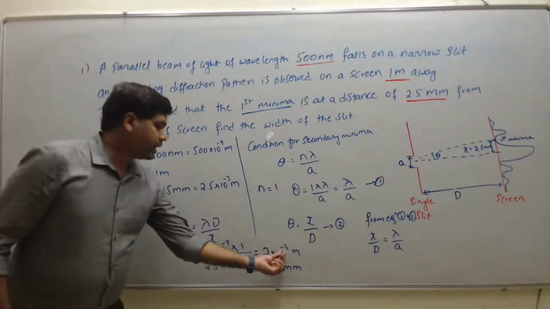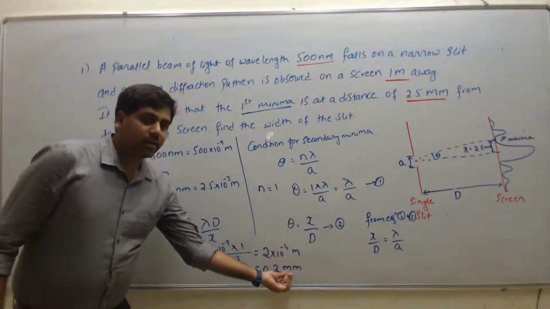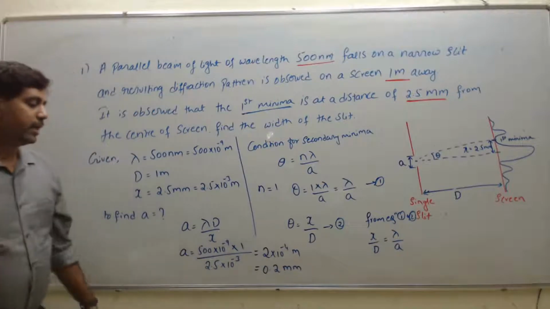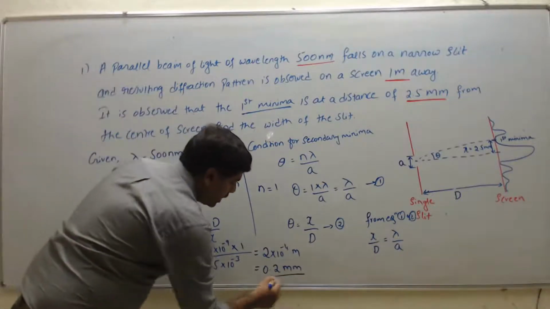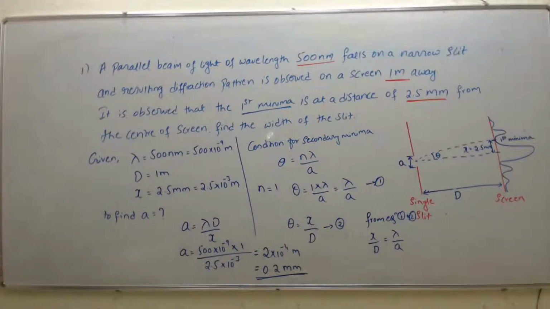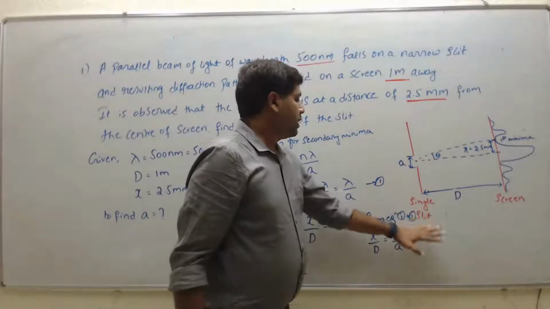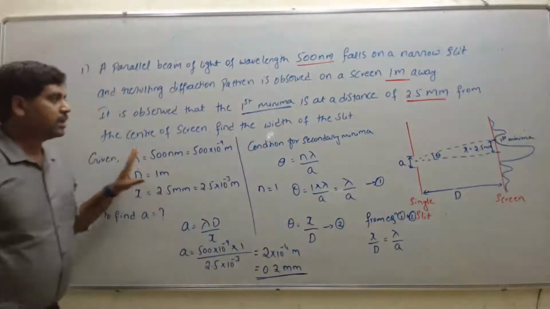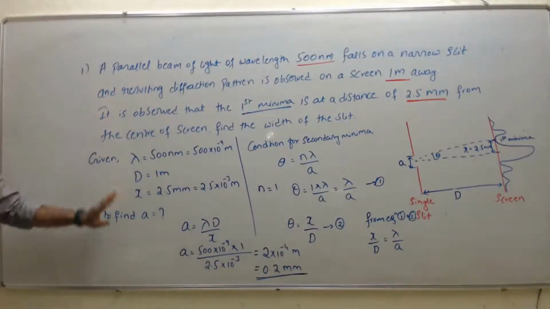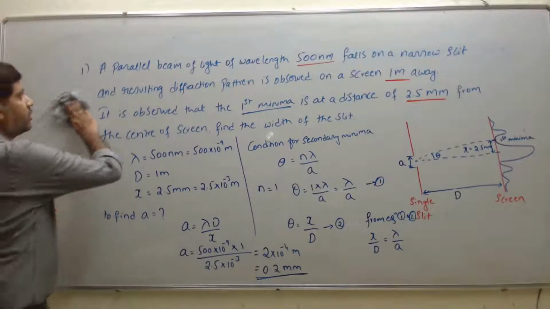So 2 divided by 10, we get 0.2 into 10 to the power of minus 3, which can be written as millimeter. So this is the final answer, 0.2 millimeter, right? If we draw the diagram here, we can get a clear picture of this question and it can be simplified very easily, right? So this is the first question. Next, move on to the second one.